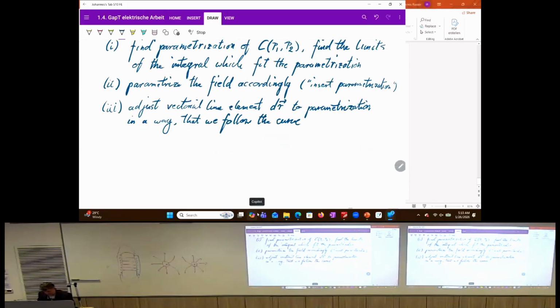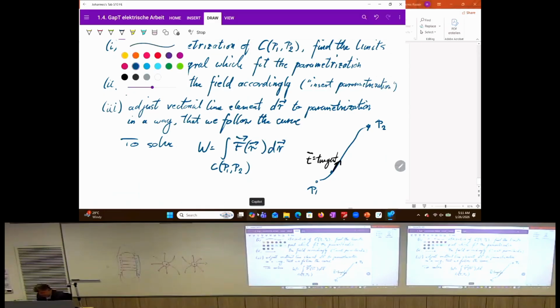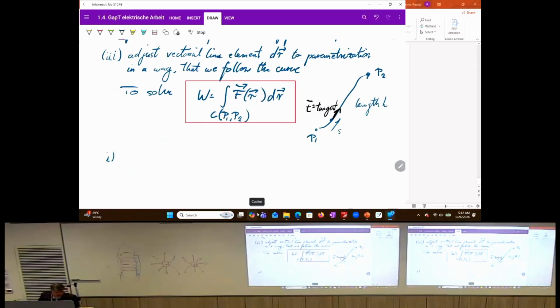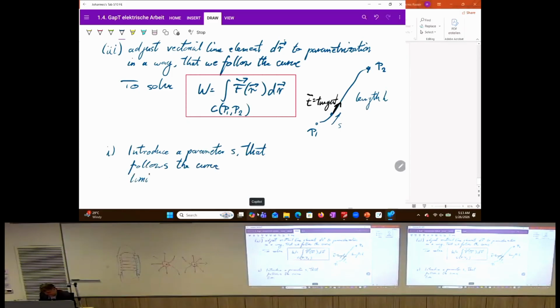So keep in mind, we want to solve our omega, which is the curve integral from P1 to P2. We have our line integral here. It goes from P1 to P2. And we look for the tangential component. This becomes here our S, and we have a total length L. Recall we first introduced a parameter S that follows the curve, and we specify the limits.